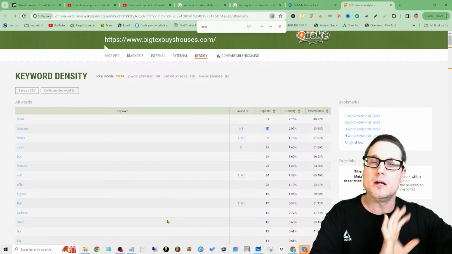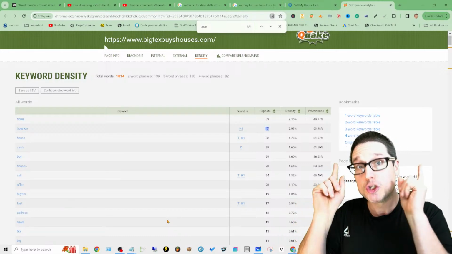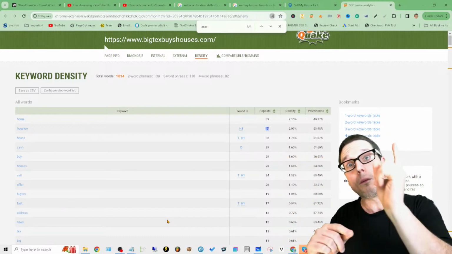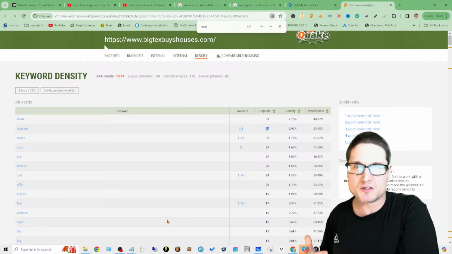Have those pages. But main optimization zones and main density of the homepage should be surrounded around your brand or brand plus state, depending on your situation, how many states, how many services you provide.